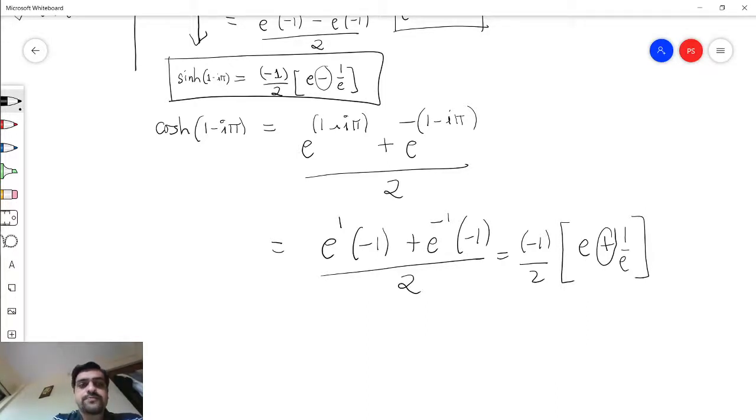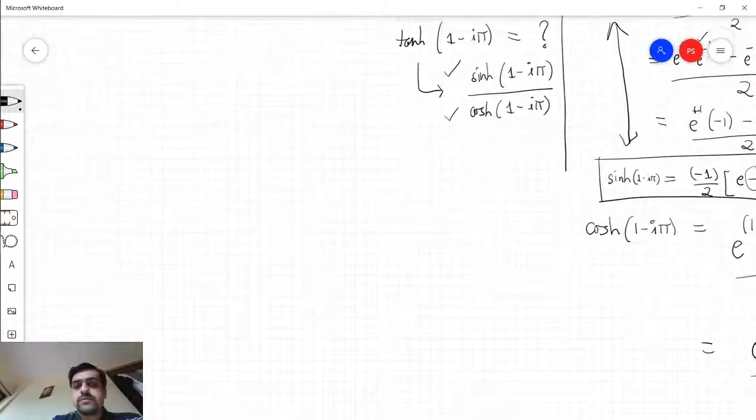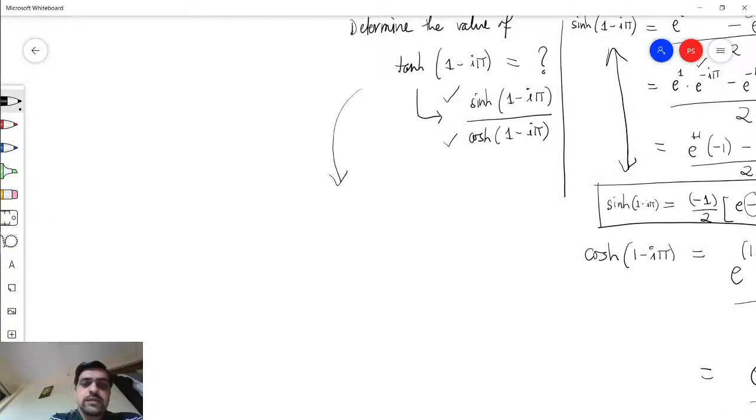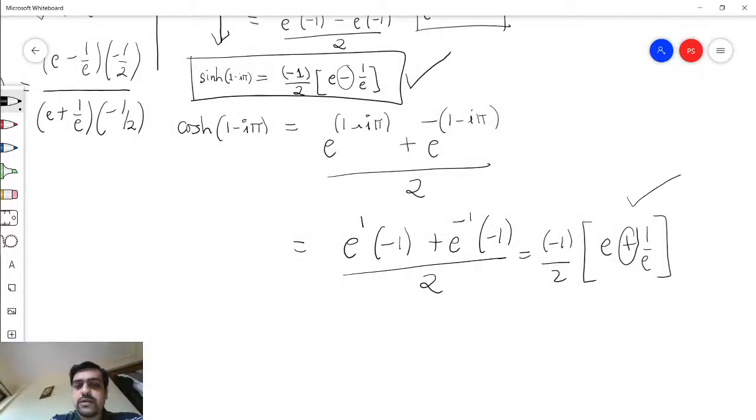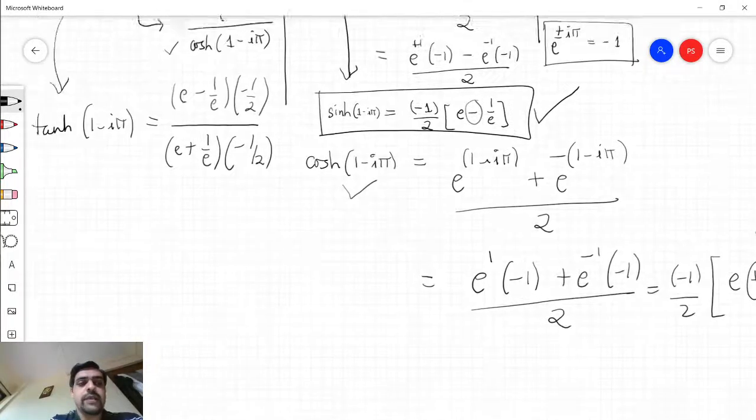Now we can have this tan hyperbolic of 1 minus i pi as e minus 1 upon e into minus half, which is the expression for sine hyperbolic, divided by e plus 1 upon e into minus half, which is the expression for cos hyperbolic of 1 minus i pi.